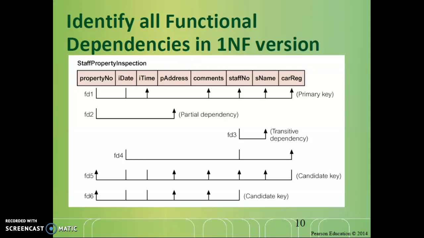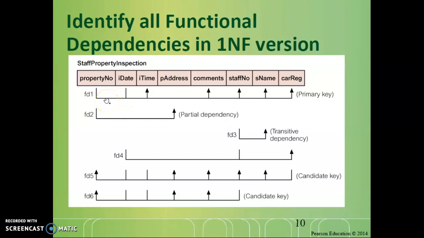And the next step is, from that first normal form table, we identified several functional dependencies and candidate keys, and from that candidate key set, we identified property number, idate as primary key.